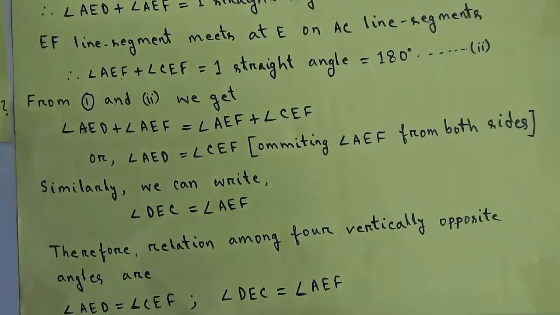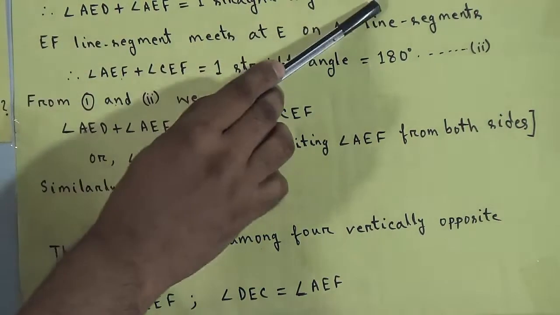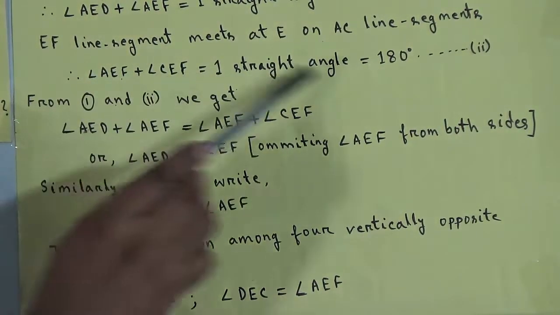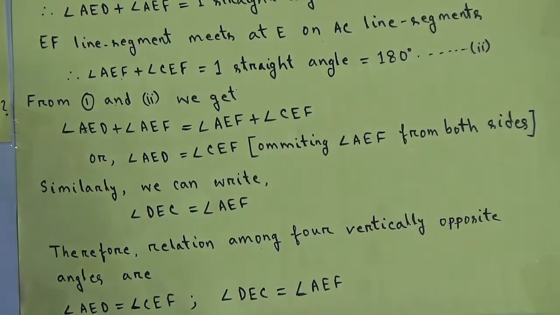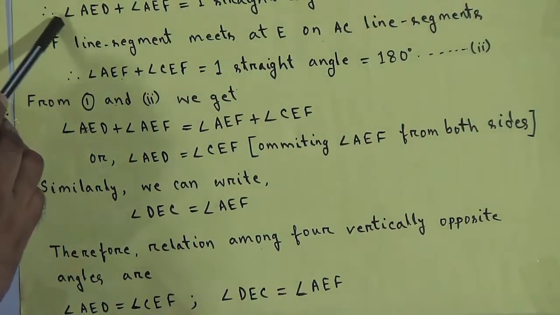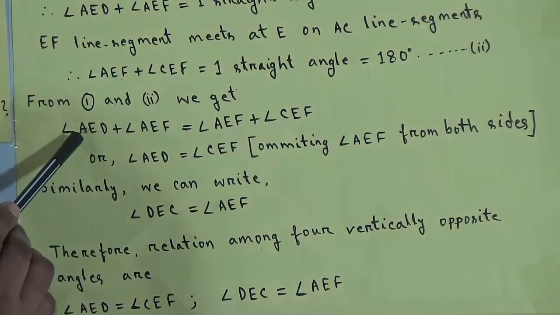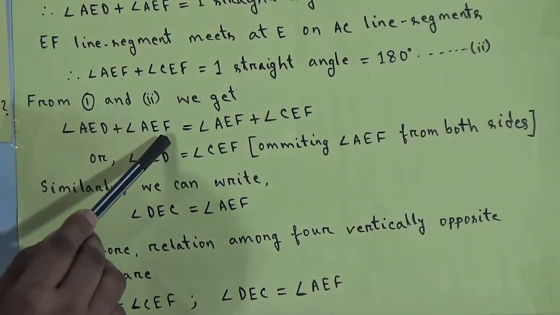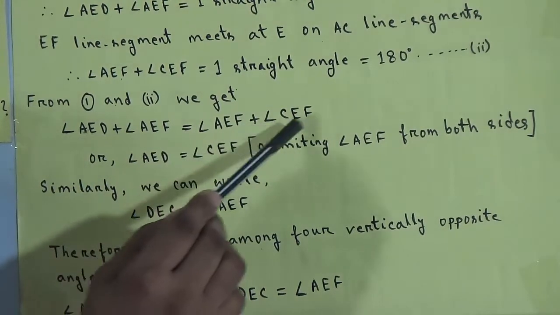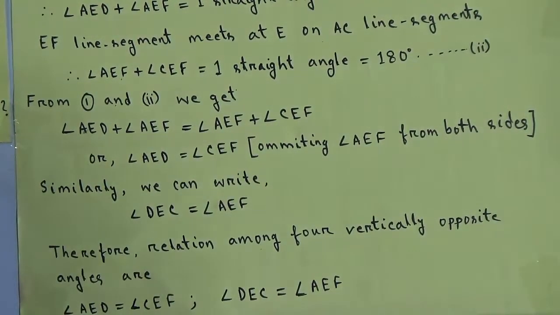Dear students, the sum of these two angles equals 180 degrees, and again the sum of these two angles is also 180 degrees. So we can write that the sum of these two angles is equal to the sum of these two angles. That means angle AED plus angle AEF equals angle AEF plus angle CEF.